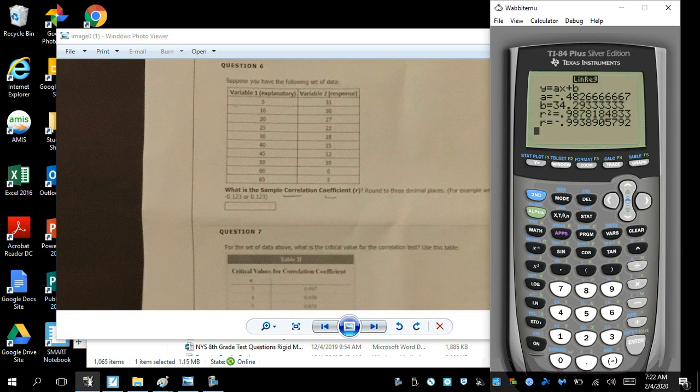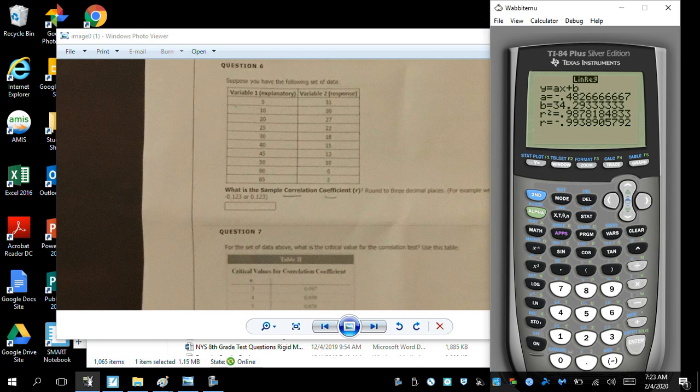So to give you this, you have right here, a, b, that's the equation of your line. R squared is your coefficient of determination, and the r value is your correlation coefficient, okay? So notice your correlation coefficient is negative 0.9938. That means that there is a very, very strong correlation between these two numbers.